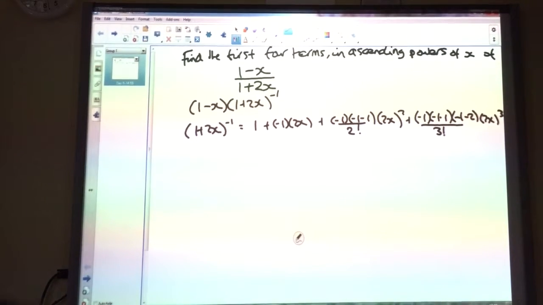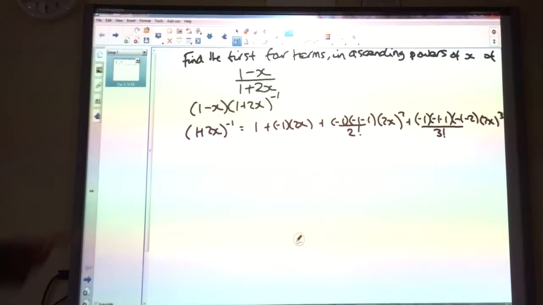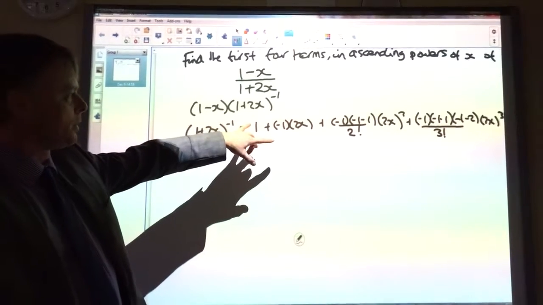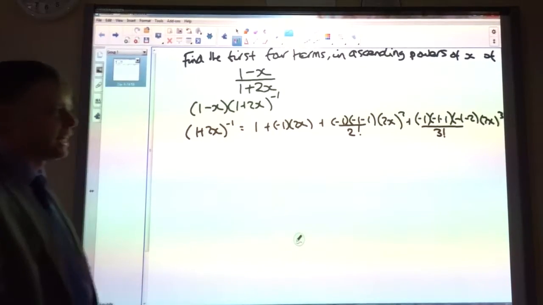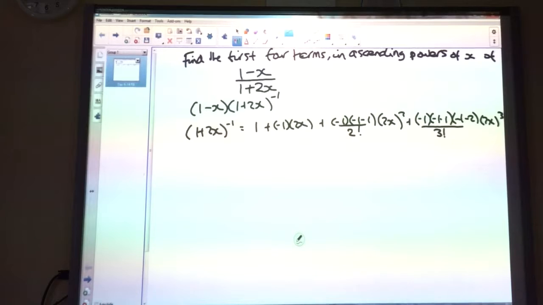And obviously that would go on forever and ever as well. So this all comes from that formula from the formula sheet, which starts 1 plus nx plus n times n minus 1 over 2 factorial x squared. It's a bit like we did in the first couple of examples.